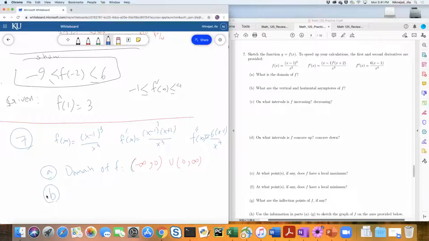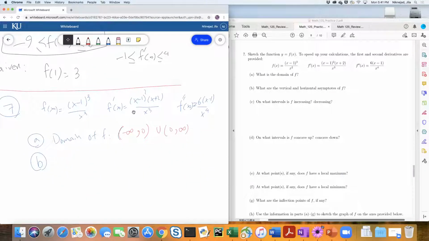So part B, it's asking what are the horizontal or vertical asymptotes of this function, right? So we're looking for HA and VA. So how do we find them? HA is related to the limit as we expand, right? Horizontal asymptote is the limit as we go this way. And so that's how we remember it.